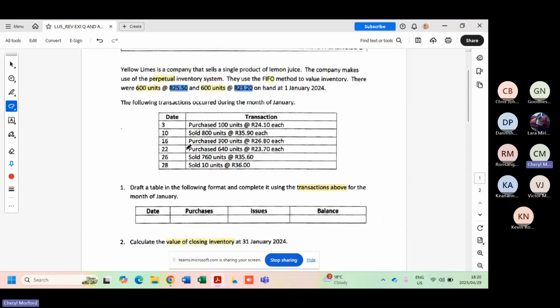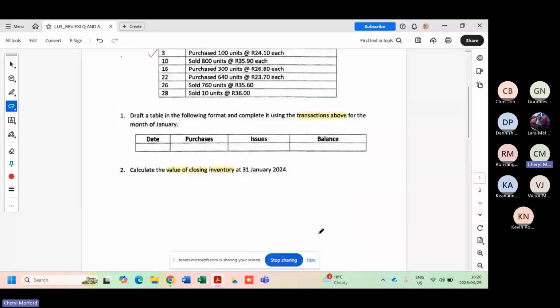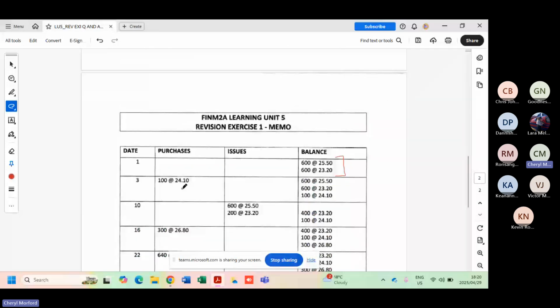Then what happens? Our first transaction here on the 3rd, we purchased some more units at a different cost price. So we're going to now indicate that our balance has gone up. So we're going to come here on the 3rd in the purchases column over here. We're going to write 100 at 24.10 and see what we do with it.